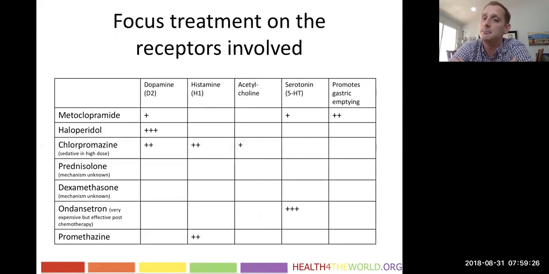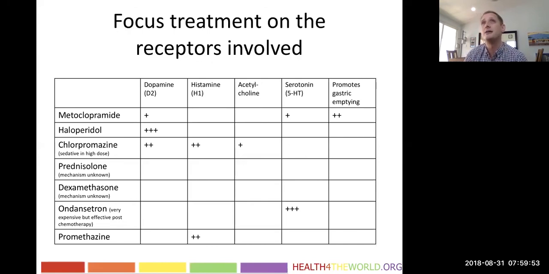For example, say you have a patient that has some dysmotility, but you also think some of it could be toxin related, and you choose to use metoclopramide. Keep in mind that metoclopramide also hits dopaminergic receptors. So in general, I wouldn't use metoclopramide and then add haloperidol on top of that, because now your risk of extrapyramidal symptoms and other side effects from that dopamine blockade goes up quite a bit. I would absolutely keep that in mind.